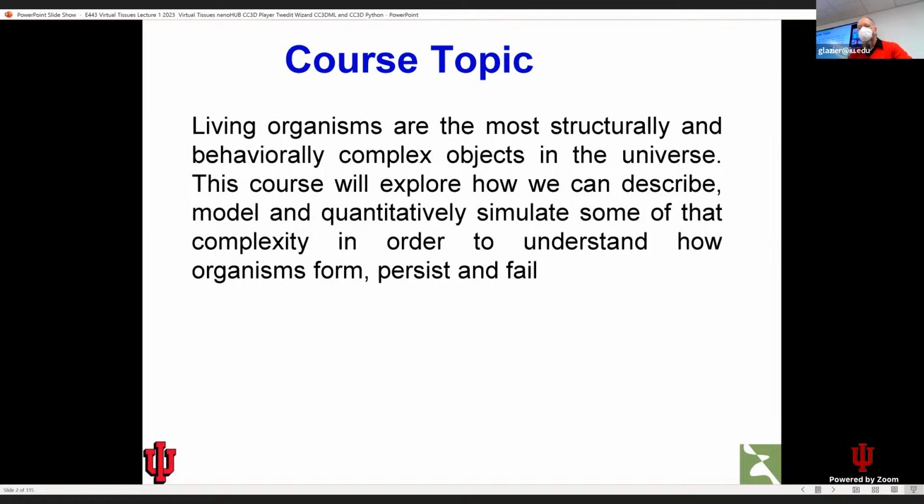So this semester we're going to be talking about modeling living organisms. We're going to be modeling living organisms from the point of view of cells and how they work and how they organize. A few people in the class, I think only 2 or 3, were in the class last semester, which covered modeling what goes on inside of cells.